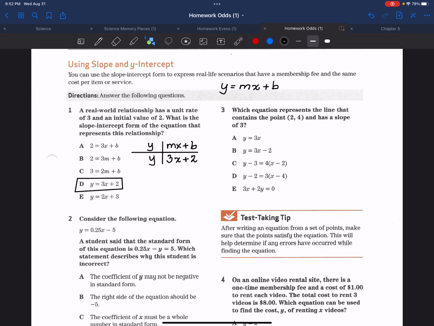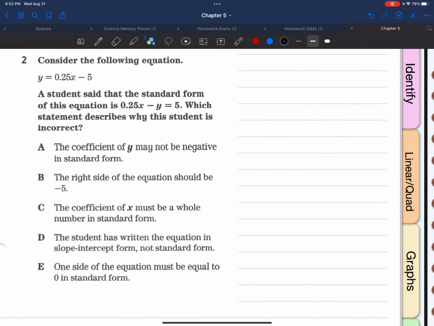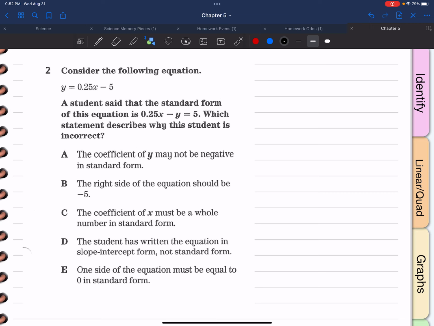Number 2, I brought over to my notebook because I need some space on this one. Consider the following equation. A student said that the standard form of this equation is. Which statement describes why this student is incorrect? So here's what we want. Here's what we have.